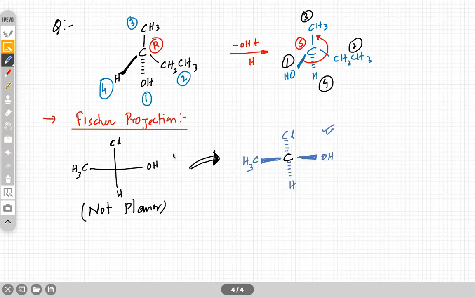Again, if it is not there, then we have to do that exchange and find out. Same thing we have here, same method. So could you tell me the configuration of this particular molecule?